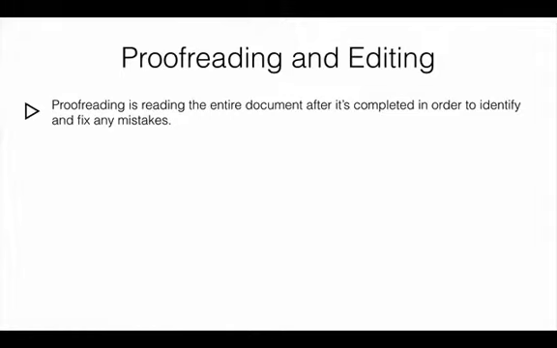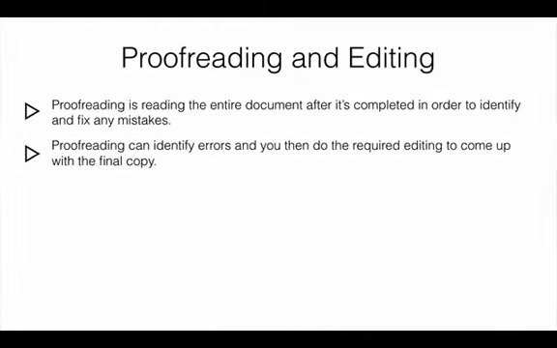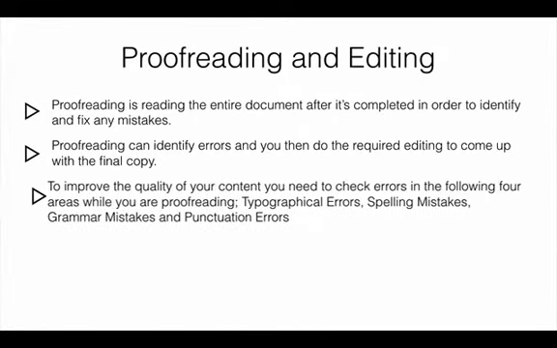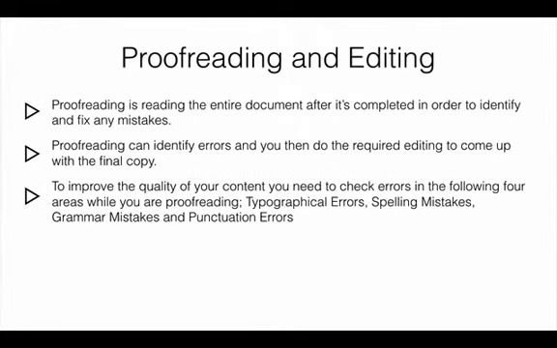Proofreading means to read the entire document after it's completed in order to identify and fix any mistakes. Sometimes it's a good idea to have another person doing the proofreading. With proofreading, you can identify the errors and then do the required editing to come up with a final copy. You improve the quality of your content.